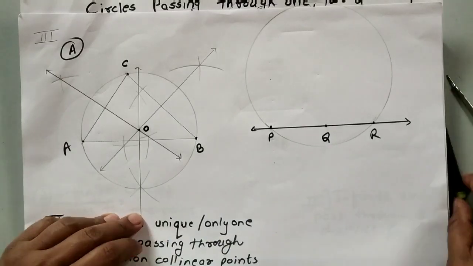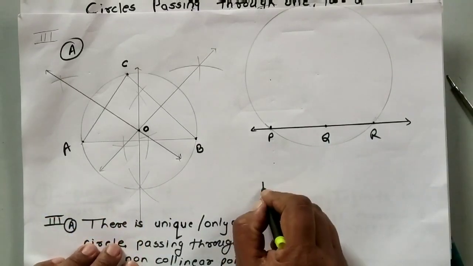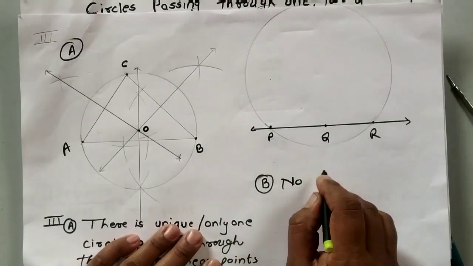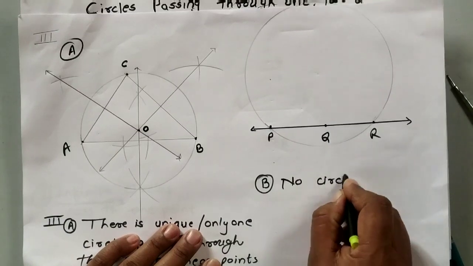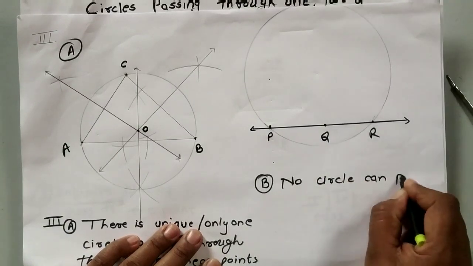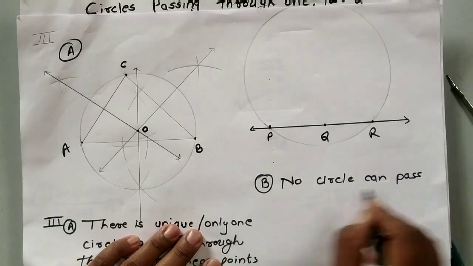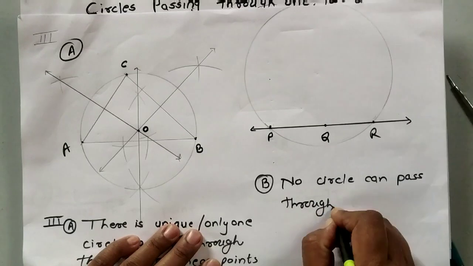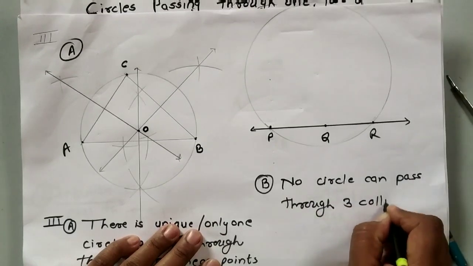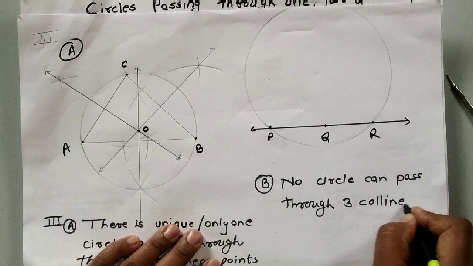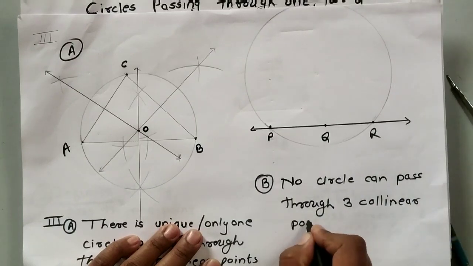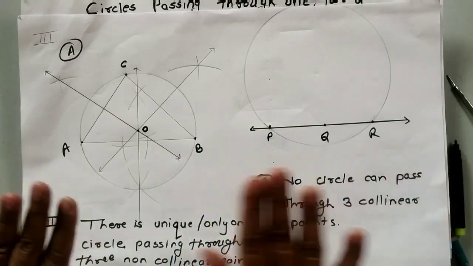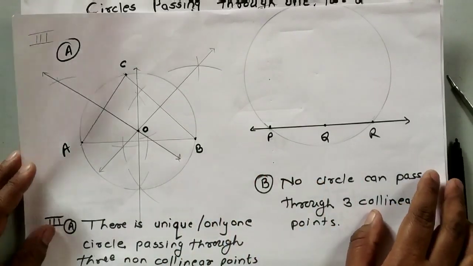So from this we can conclude condition B: no circle can pass through 3 collinear points. So that is the activity. How many circles can pass through 1, 2 and 3 points?